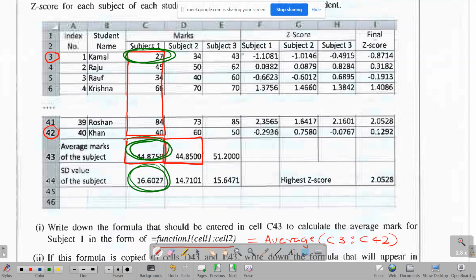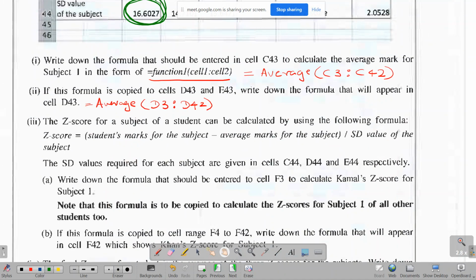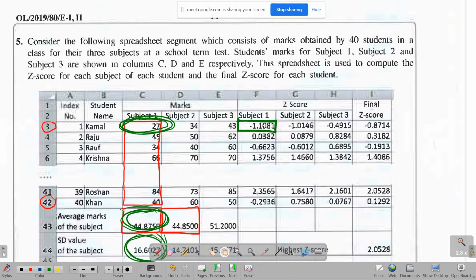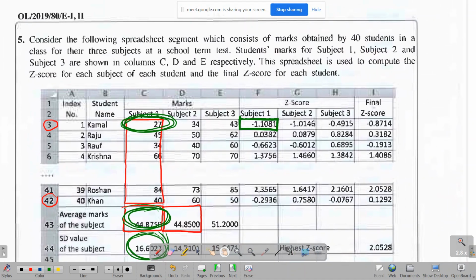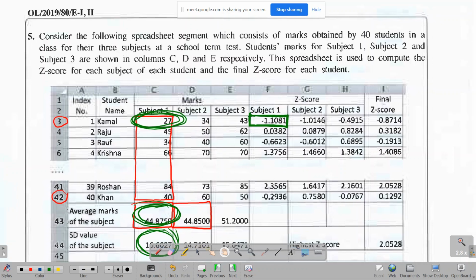Right, so this Z score is calculated by considering these three places. Right, so the question that they are asking is, what is going to be there in the F3, that means over here.